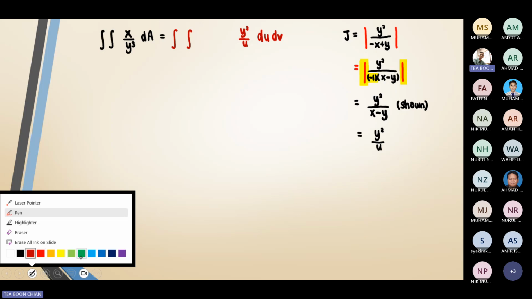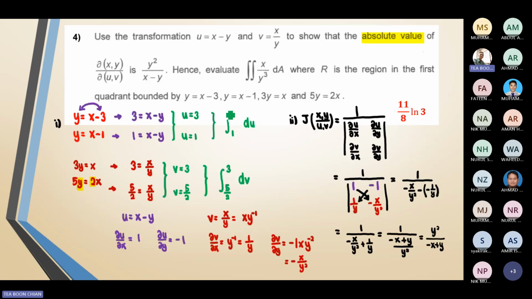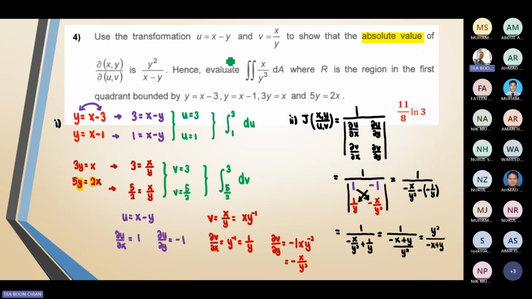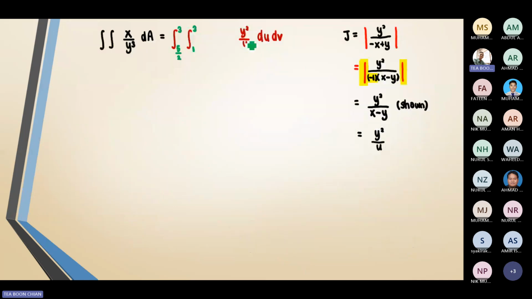So the du interval previously we have set up to be 1 to 3. V is 5 over 2 to 3. Now for x over y power 3, we also need to manipulate. If you look at the u and v transformation, we have v equals x over y. So in this case, you might need to think, x over y, you extract out from here, leaving you 1 over y squared.